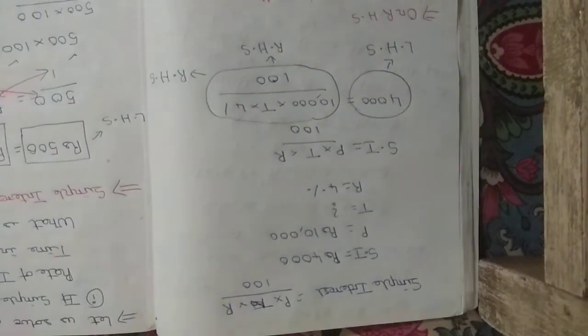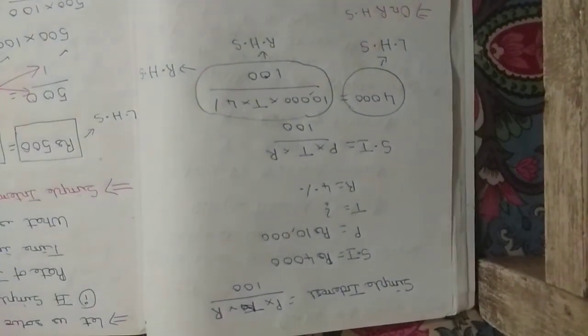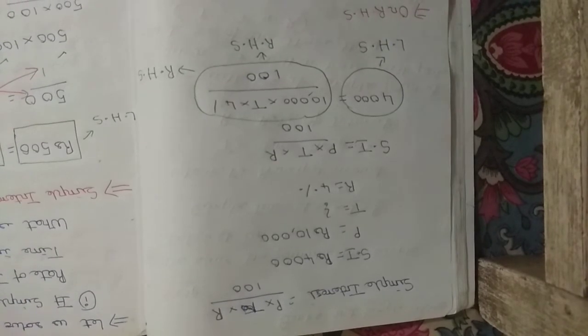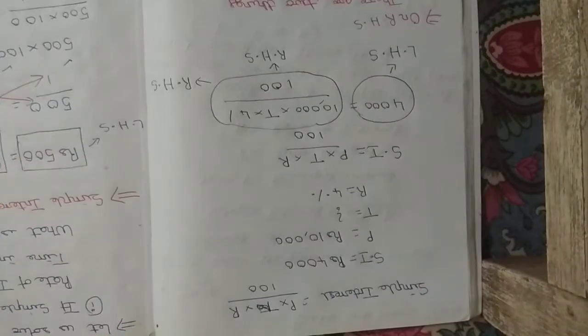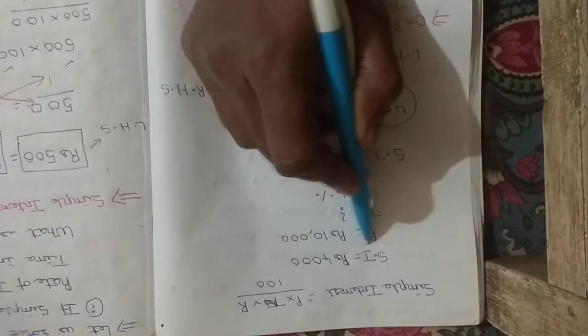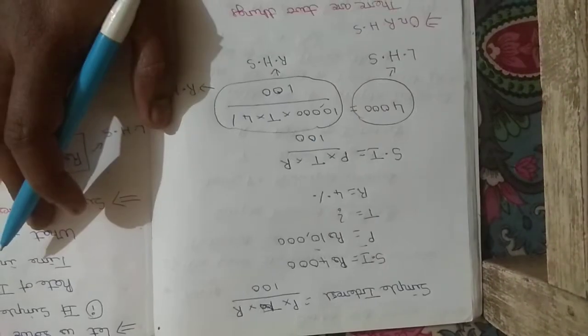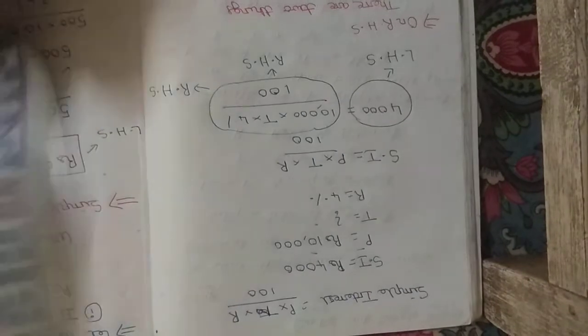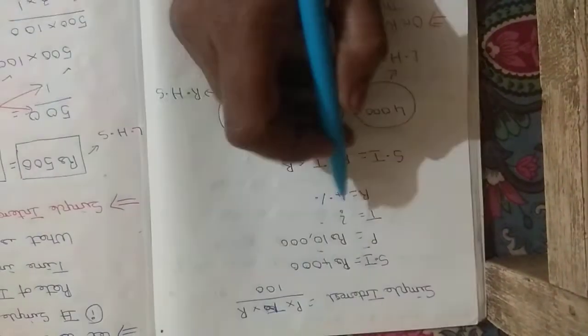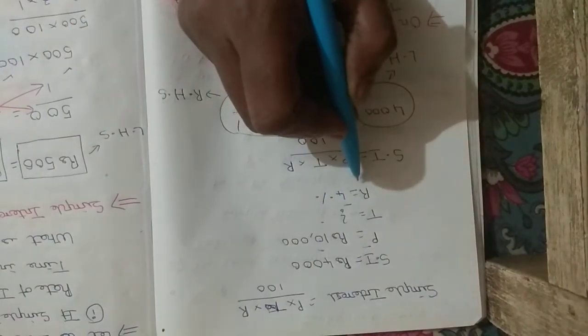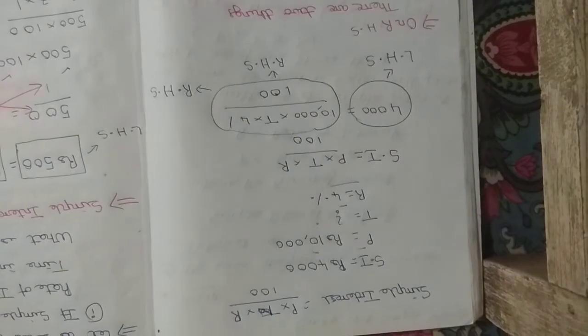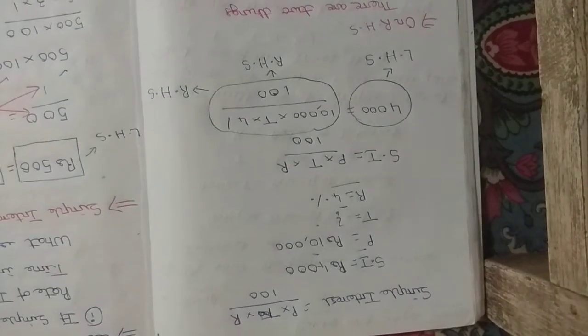Okay, now simple interest ka formula is P into T into R upon 100. They have given us simple interest, which is this 4,000 rupees. They gave us the principal amount, which is 10,000. Time is what we have to find, and rate is 4%. Now what is the formula for simple interest?